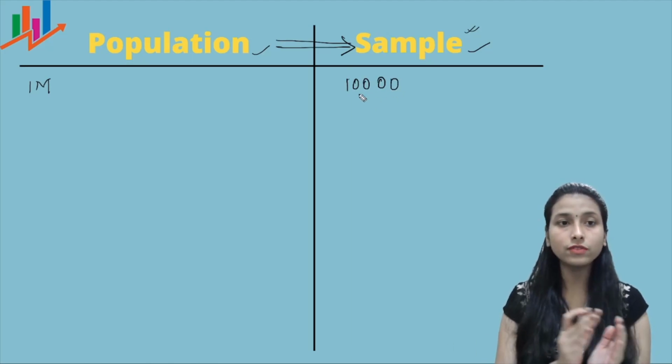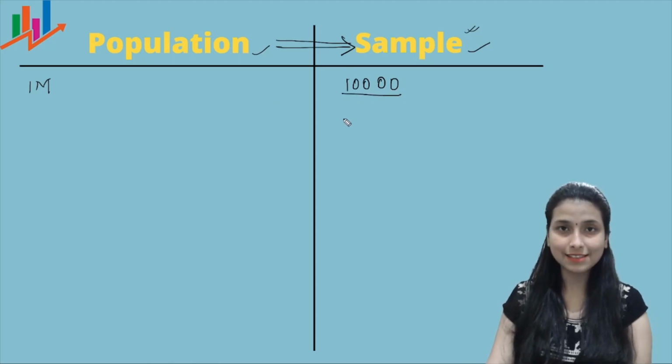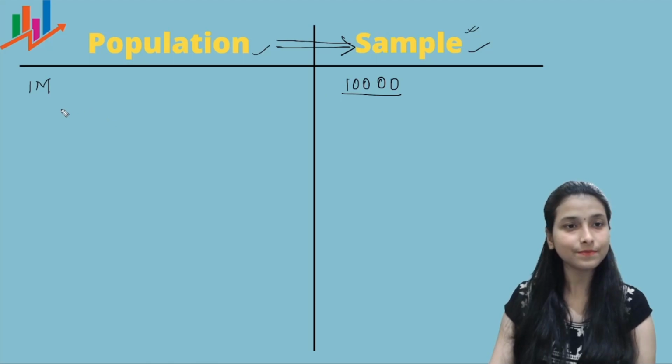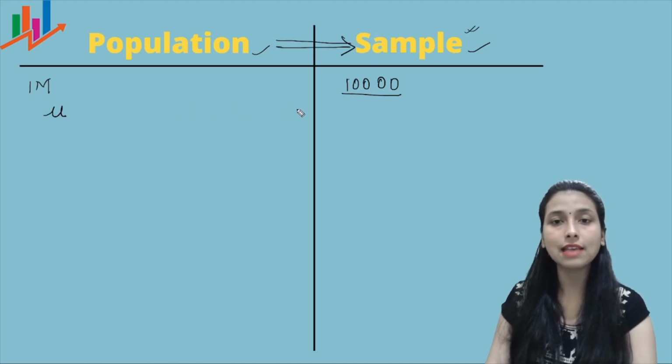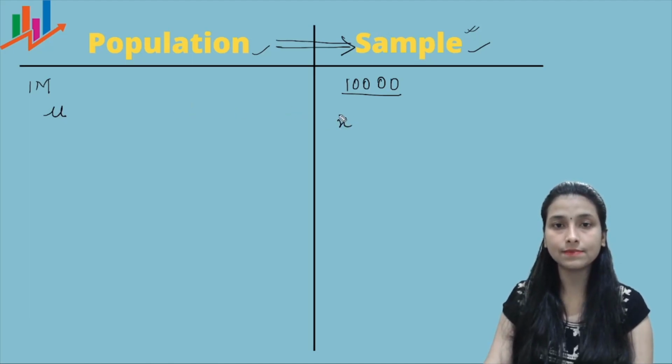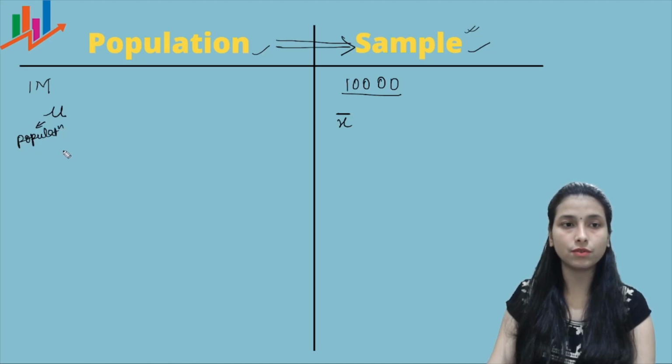So out of the population of 1 million, I took 10,000 people as the sample. The population mean is denoted by mu, whereas the sample mean is denoted by x bar. I'll write it here so that you can take note of it.